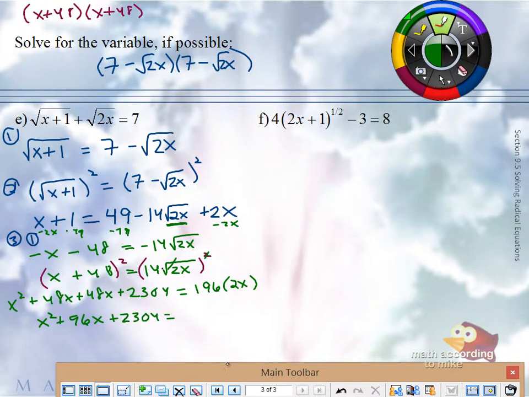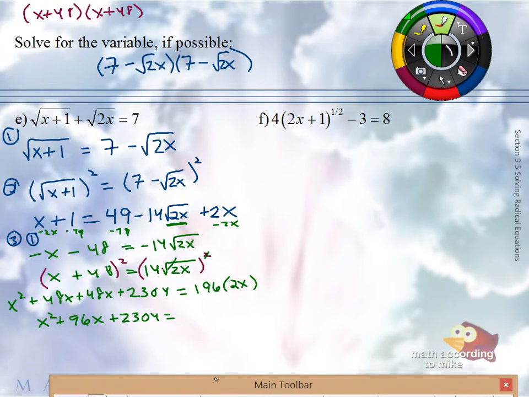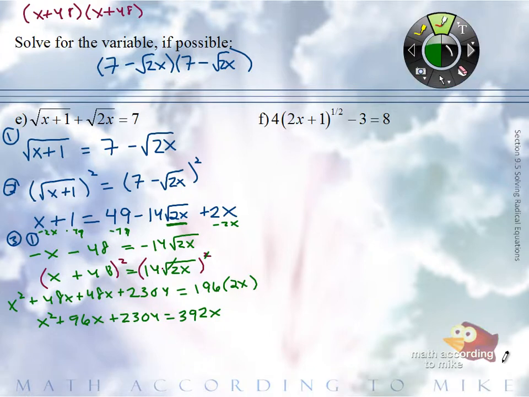equals, what is 196 times 2x? What do you get? 292. Yeah. 392? Should be 390. 392x. Okay, and now everyone freeze. Okay, so this is a quadratic equation.